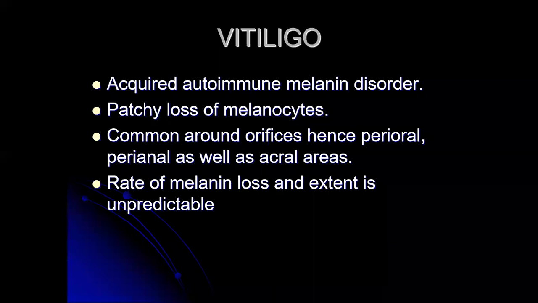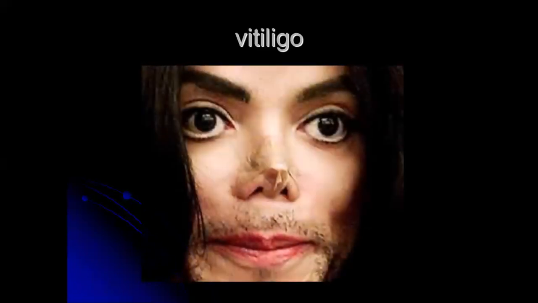So the rate of melanin loss and the extent is unpredictable. You find somebody with just mild loss and others with excess or widespread loss. You know about Michael Jackson and his skin transplants because of vitiligo. He started noticing that at the tip of the nose, the lips, and around the eyes, there was loss of melanin.